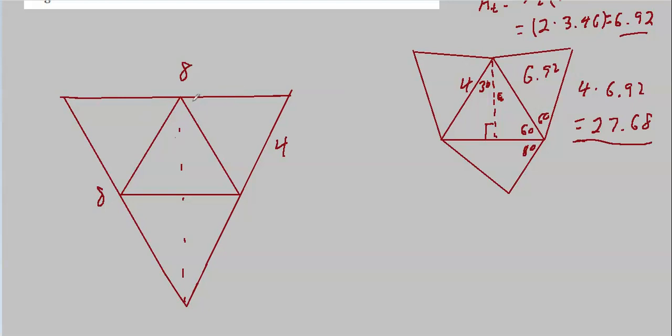Well, this is 8, and this would have a side length of 4, of course. Well, now all we have to do is take our hypotenuse squared, subtract 1 leg squared, take the square root of that, and that'll give us our altitude.